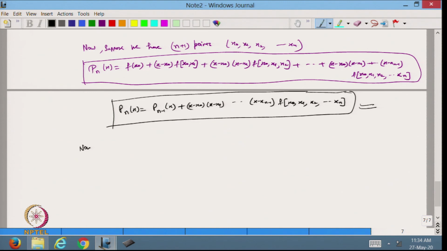Now, in this case the error is given as we have discussed in the previous lecture also. So, R x is given as x minus x naught, x minus x1 up to x minus xn. That is already there, but in this case it is multiplied by the divided difference, that is of x, x0, x1 up to xn.